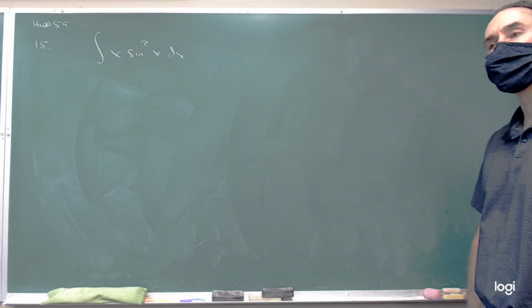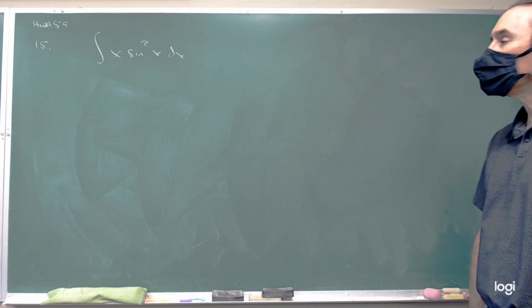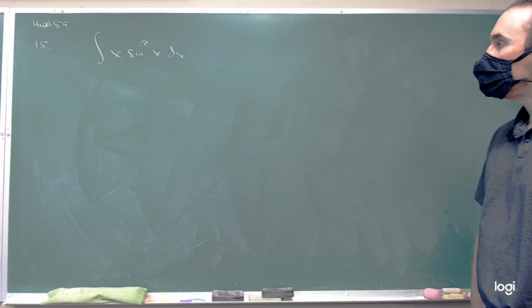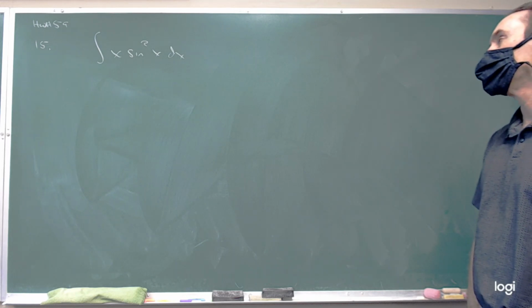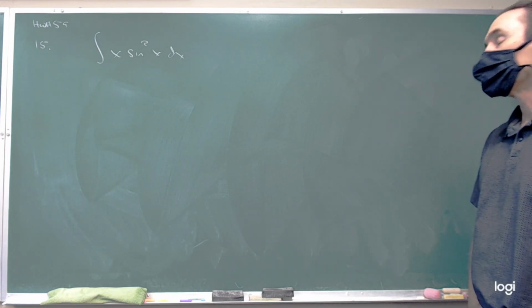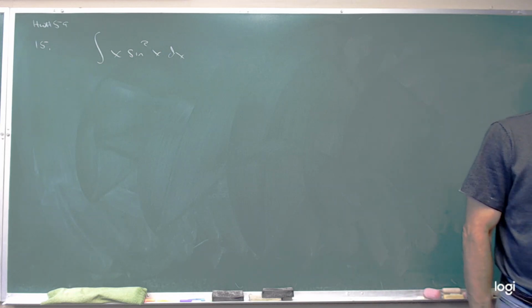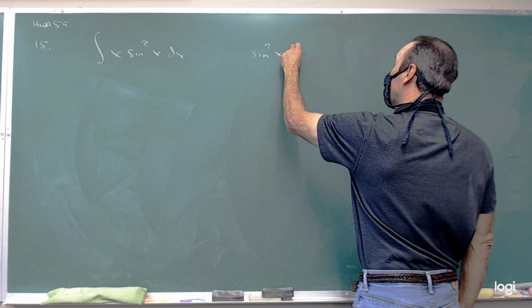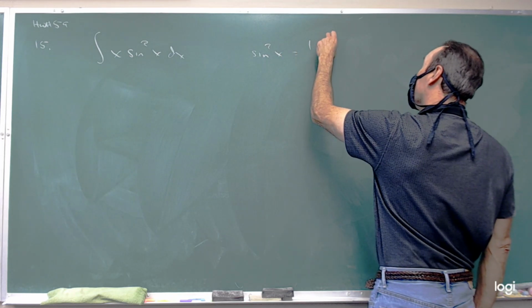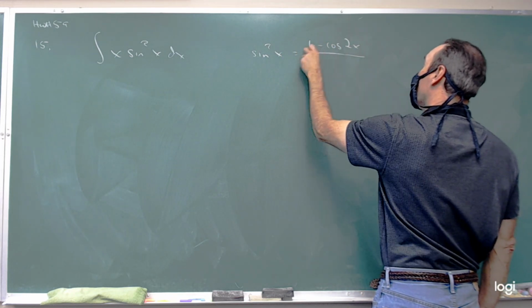What do we want to do with this? I think what we have to do here is we have that power reducing formula for sine squared. So sine squared, I believe, is 1 minus the cosine of 2x all over 2.